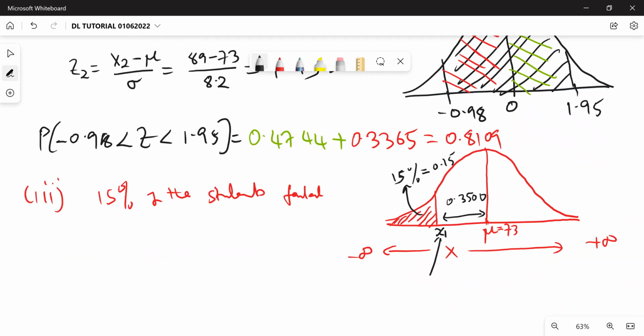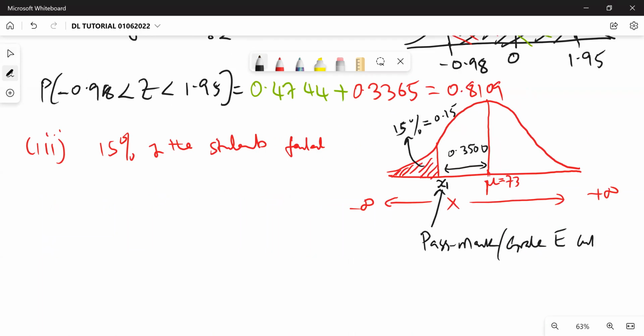Because this value here is your pass mark, or the starting point of grade E, the cutoff. Are you able to figure that out? That's the question that we are trying to answer here.